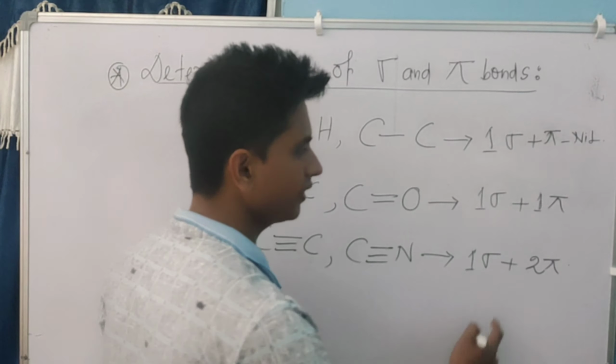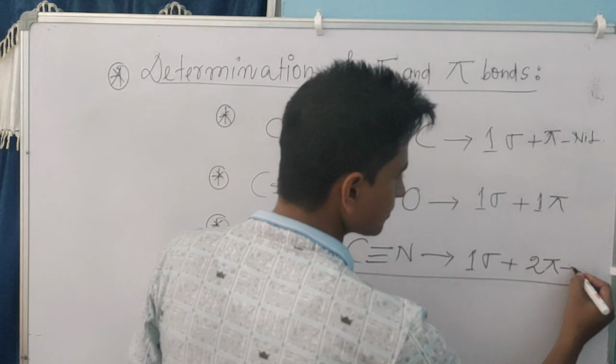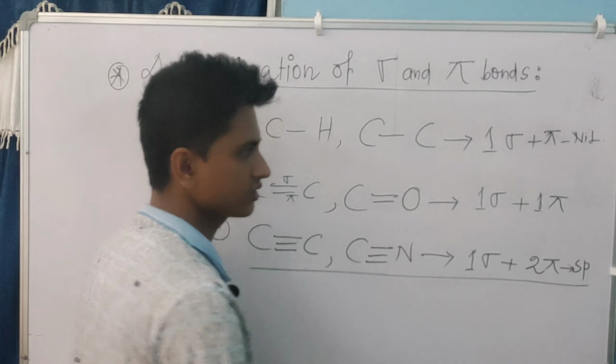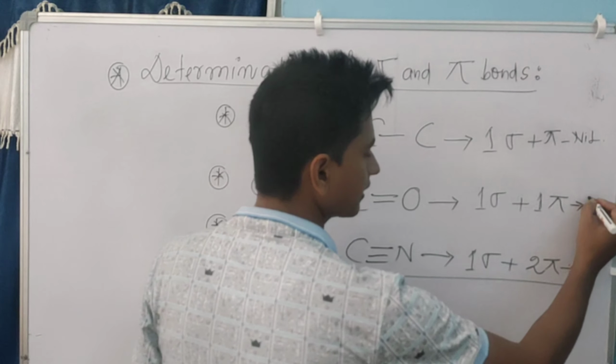If 2 pi bonds are present, then sp hybridization takes place. If 1 sigma and 1 pi, that is sp2 hybridization. If the pi bond is nil, then sp3 hybridization takes place.